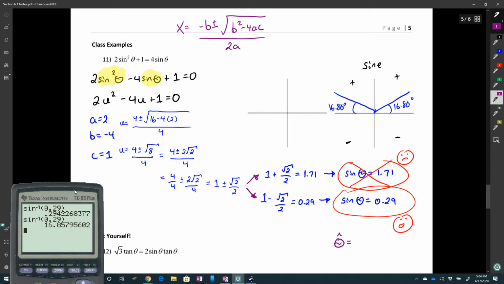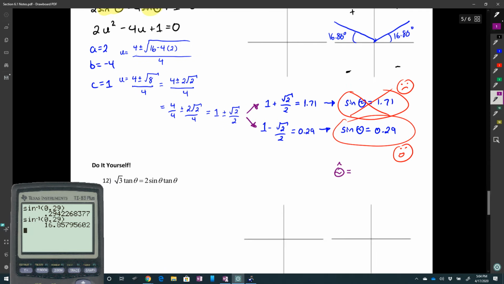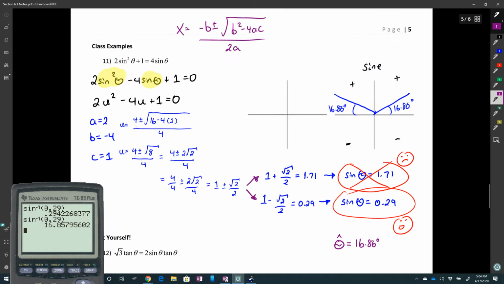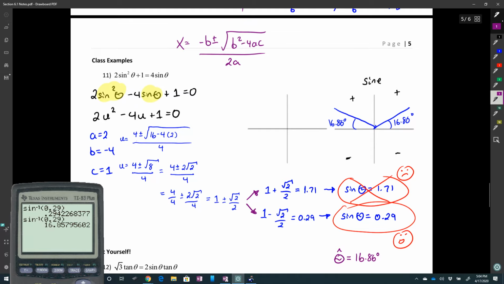Okay, so that means my actual solutions, where can I write them? So my actual solution is going to be 16.86 plus 360K.